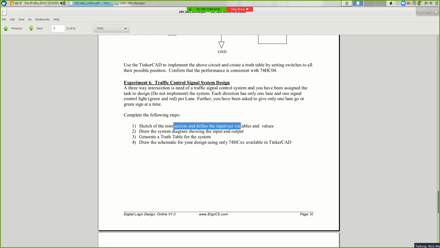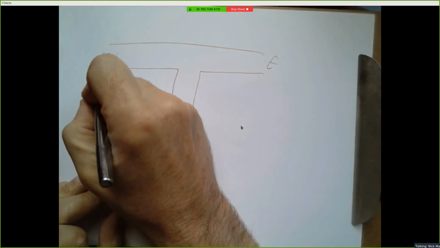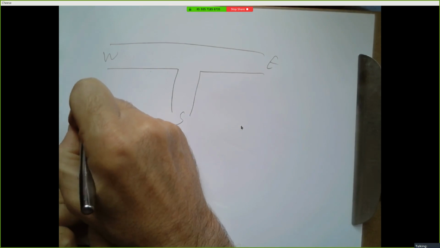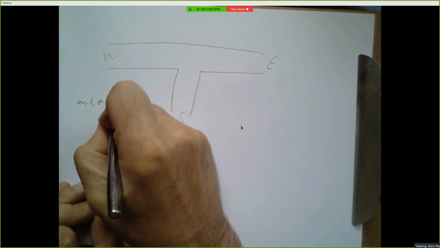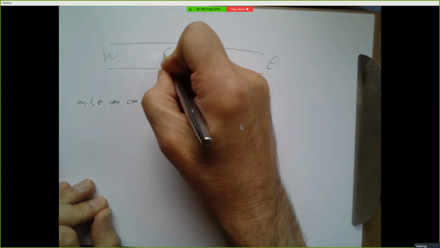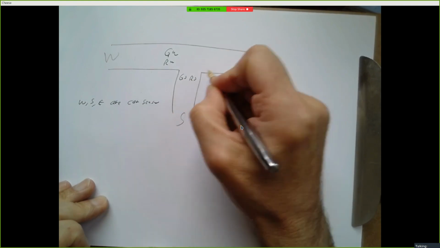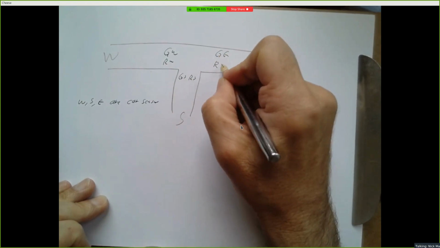So draw your intersection and define the inputs and output variables. So something like this, right? W, S, E are car sensors, and then have a pair of lights: green west, red west, green south, red south, green east, red east.